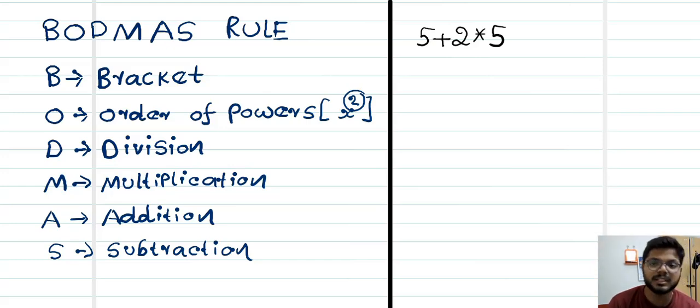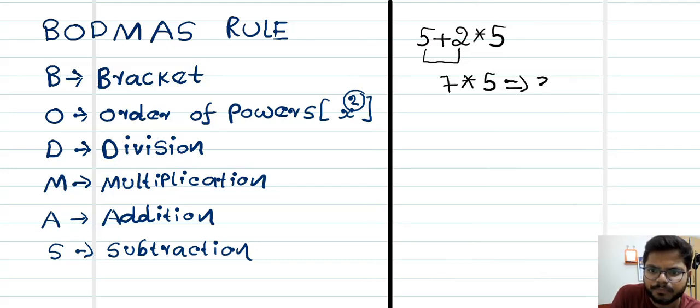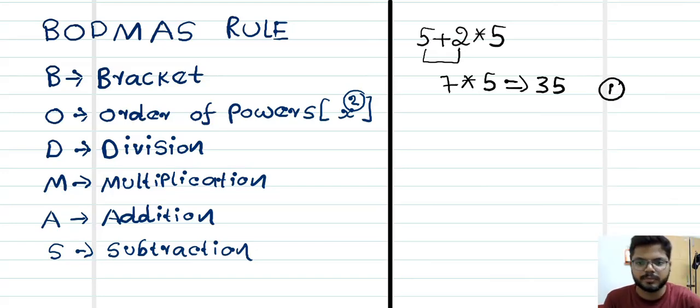Here you will face difficulty. There may be two possibilities. The first possibility: I will add 5 plus 2, it is 7. So 7 into 5, it is 35. Remember carefully, it is my first case.